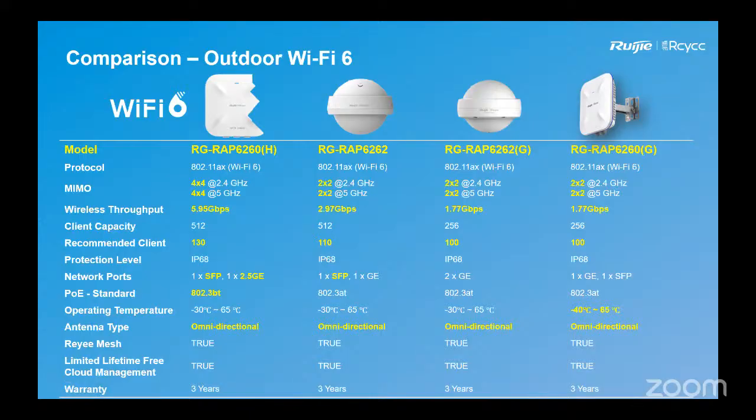So you could be chatting in the pool if you prefer, because it could be down in the pool. So really interesting device. As I previously mentioned, it's IP68, so really great protection level that we have here. The antennas are omnidirectional, but we also have access points that have directional antennas.